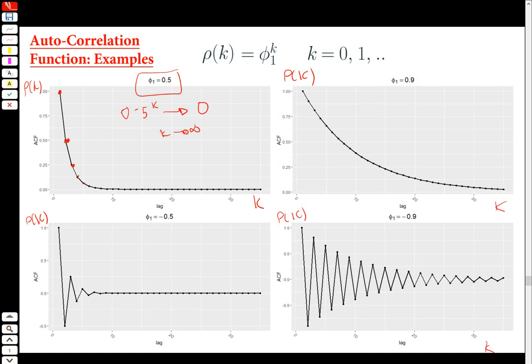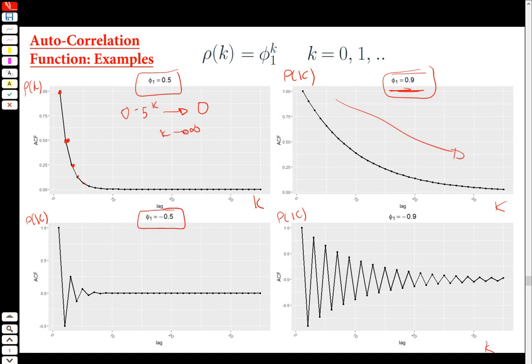The covariance between, say, y1 and y2 is the same as the correlation between, say, y100 and y99, and so on. It's just the gap that matters. This is from the stationarity assumption.